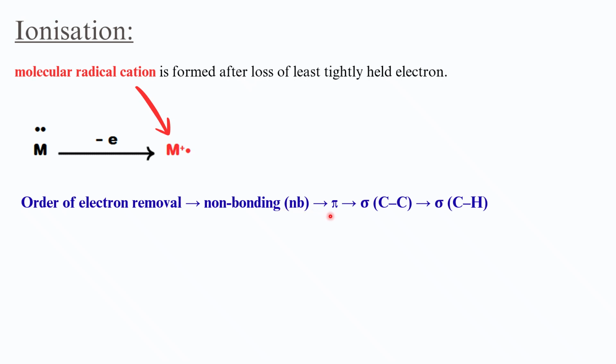If you have only a pi bond, or a pi bond and a covalent bond, then you will remove one electron from the pi bond. And if you have only sigma bonds, you will first try to break the carbon-carbon bond, and then the carbon-hydrogen bond. These are the priority orders that you will follow while carrying out ionization of any organic compound. Don't worry, we will discuss it in detail taking a few examples.